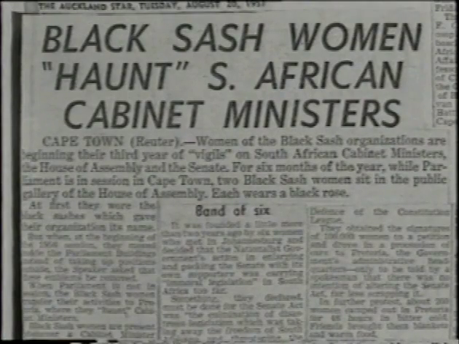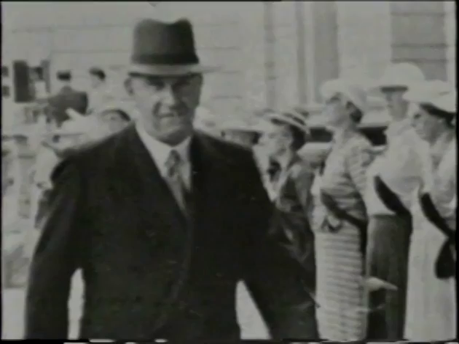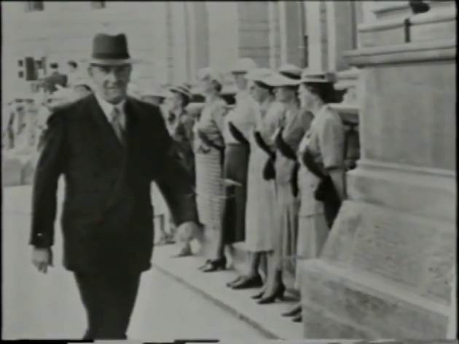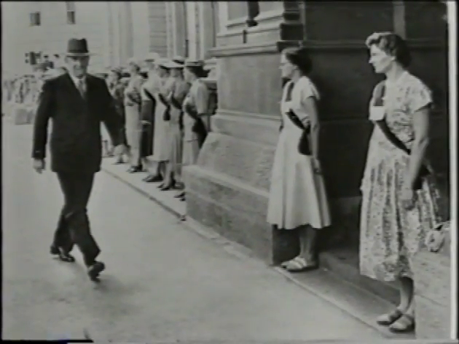The next step was picketing and haunting. They decided that until Parliament reassembled in January, the Union buildings, as the headquarters of the government then, would be picketed daily. And straight away, we actually haunted. We went to the Union buildings every day. Four of us went, and we would stand at four pillars opposite the door where he had to go into his office, and he had to walk through between us every day.